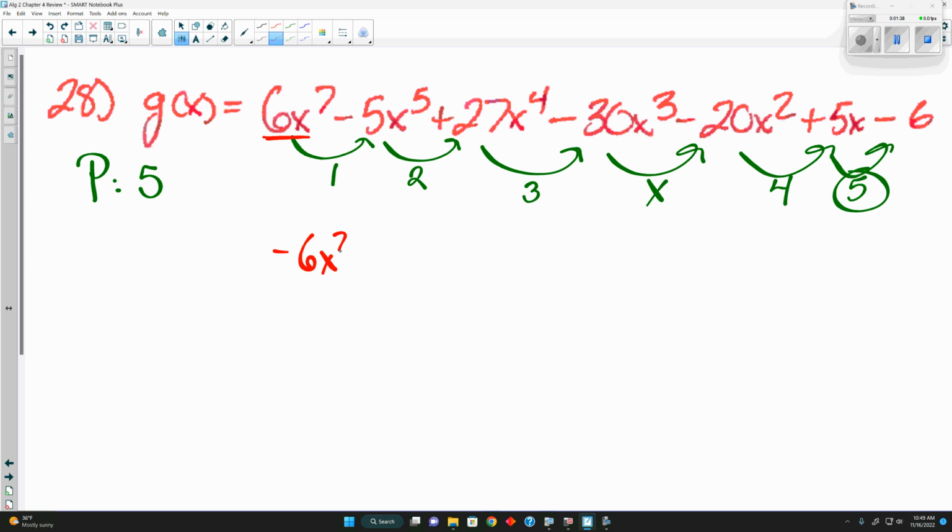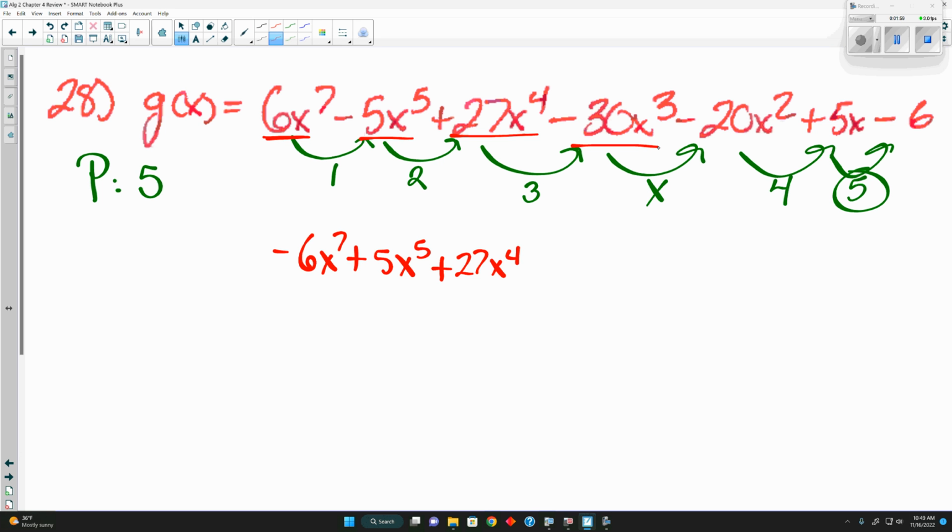Yep. So if we look at the next one, the 5th power is odd, so the sign will change from negative to positive. The next one we have is to the 4th power. 4th power is even, so the sign would stay the same.